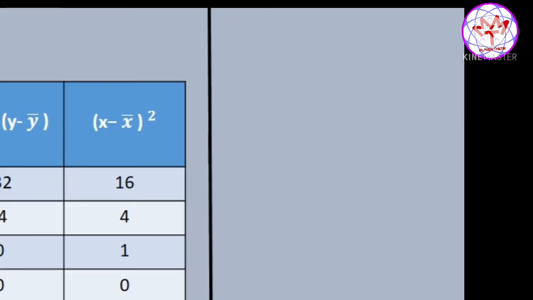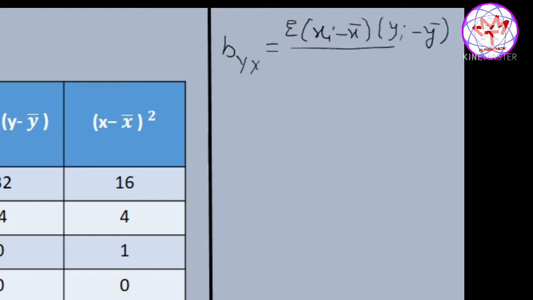We know that byx is equal to summation xi minus x bar into yi minus y bar upon summation xi minus x bar the whole square.